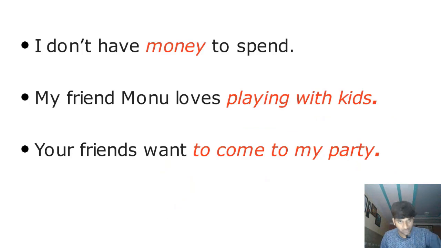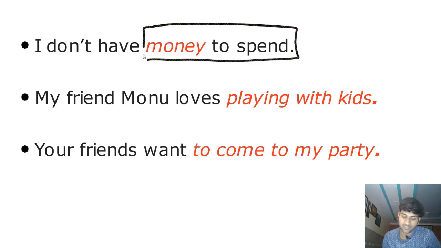All right, let me show you some examples. I don't have money to spend. Let's suppose I don't have this piece of information in the sentence and I read the sentence as I don't have. Is it complete? Does it make any sense? No, it doesn't.